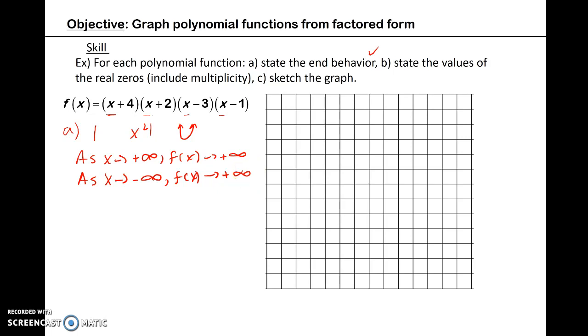Part B is stating our zeros. So again, what we do for part B is we take each of our factors. I take x plus 4, I set that equal to 0.